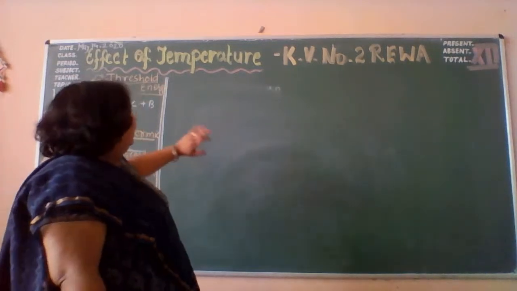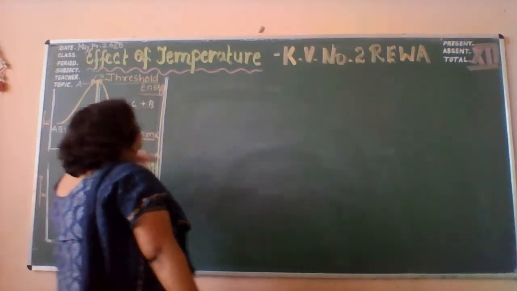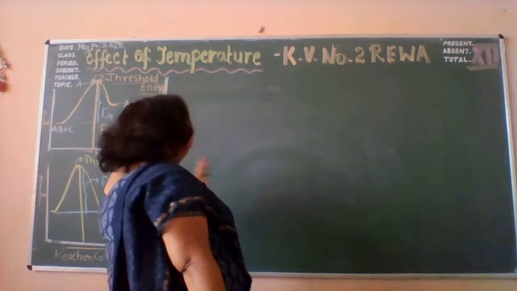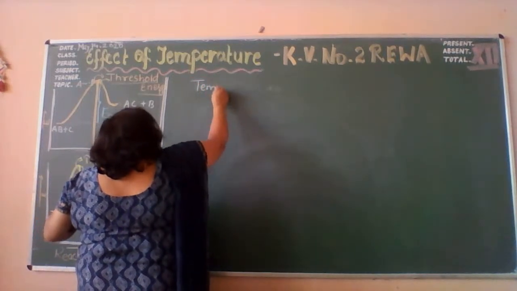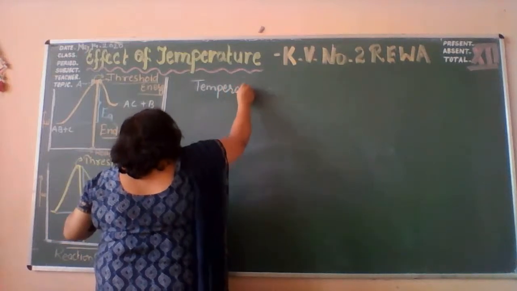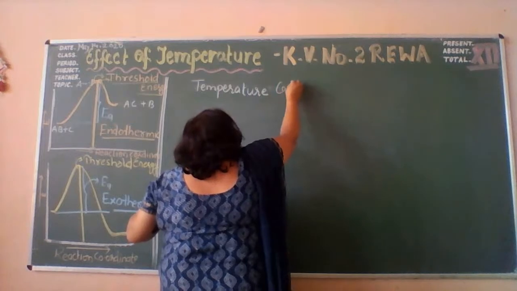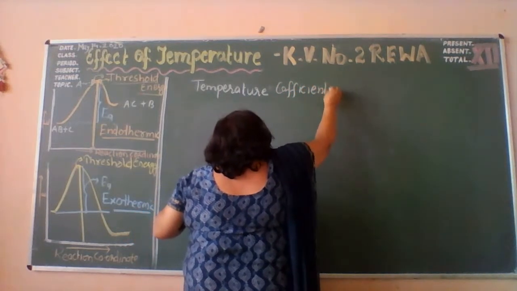So this energy, this is the energy of activation. This effect, two quantities are there. One is the temperature coefficient, that also I just want to tell you here. Temperature coefficient, it is one parameter, right?